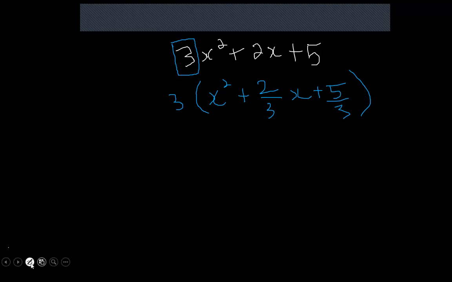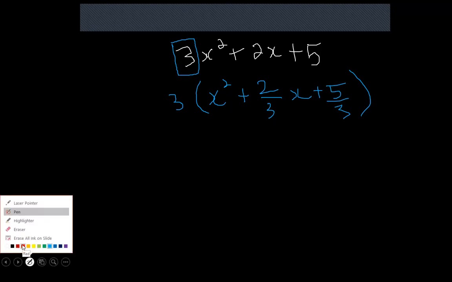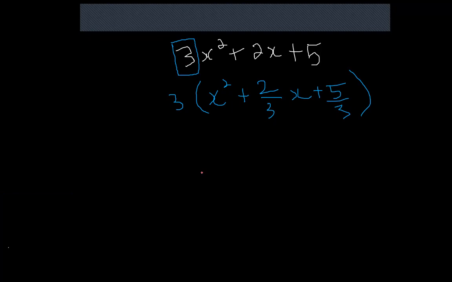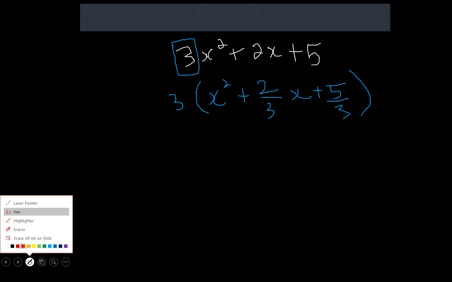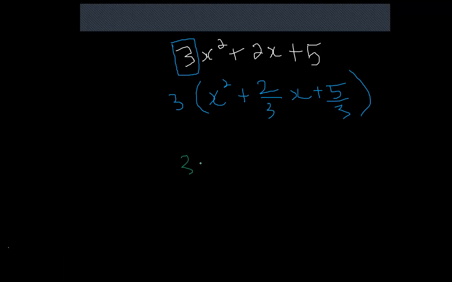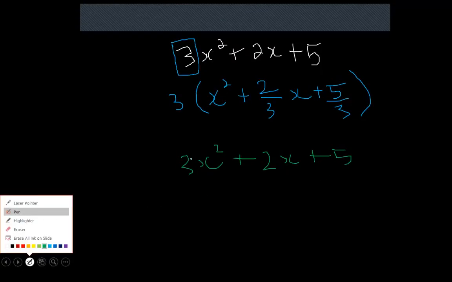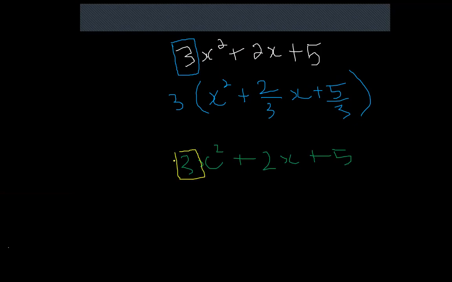Okay, next step. Wait, you understand what I did there? Yes, miss. Means you just like what? Divide all of them by 3. So let me just write that up. x squared plus 2/3 x plus 5/3. Remember I said I want this value in front of my x squared to be 1.